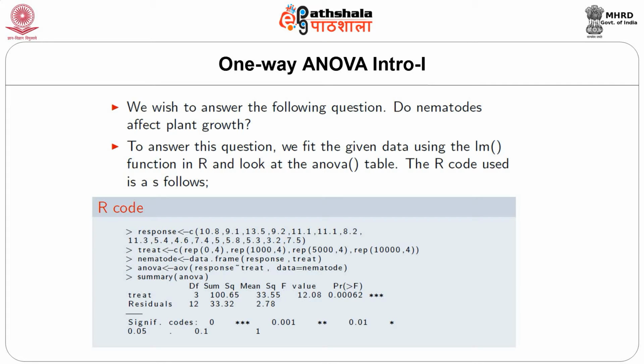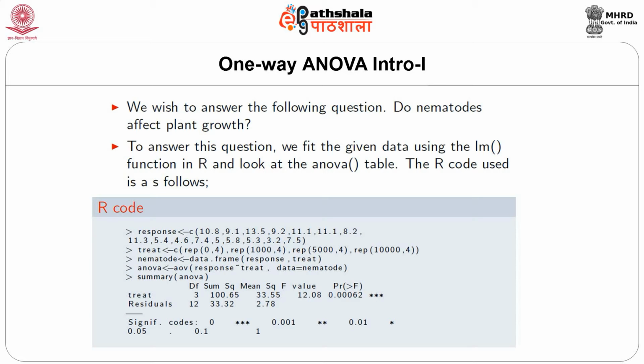You will possibly notice, if you read carefully, that neither the lm function nor the anova table function has been used. Instead, what has been used is called aov, but the difference is insignificant here.